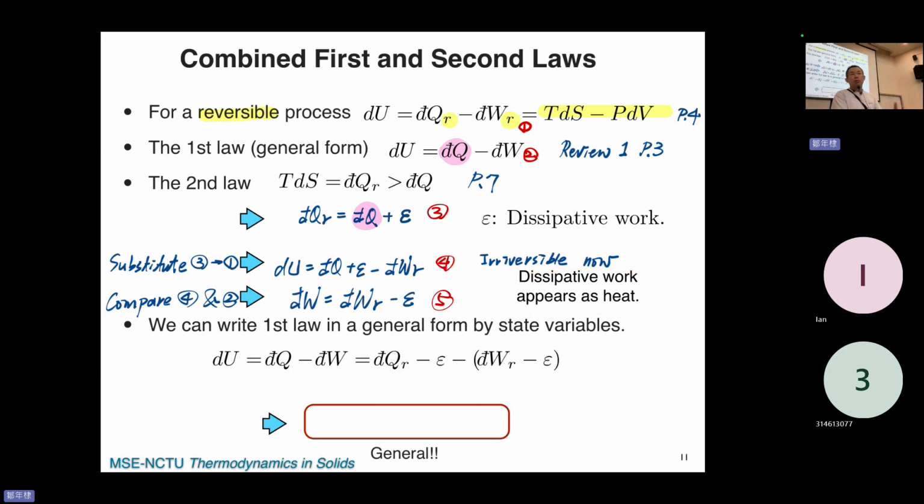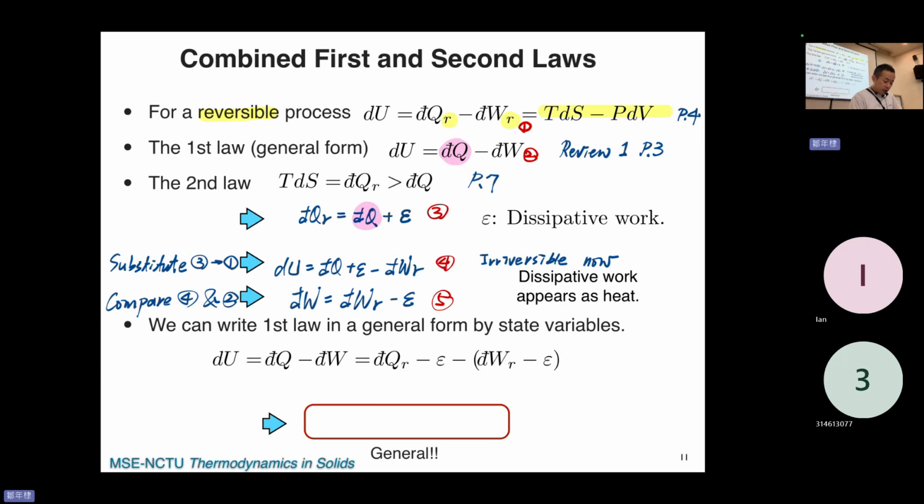This is a very typical example, and the heat is typically difficult to use in the real world. So we can say this is unavailable energy. Of course, we can invent something like a thermoelectric material to make it available again, but still dissipated work appears as heat all the time.